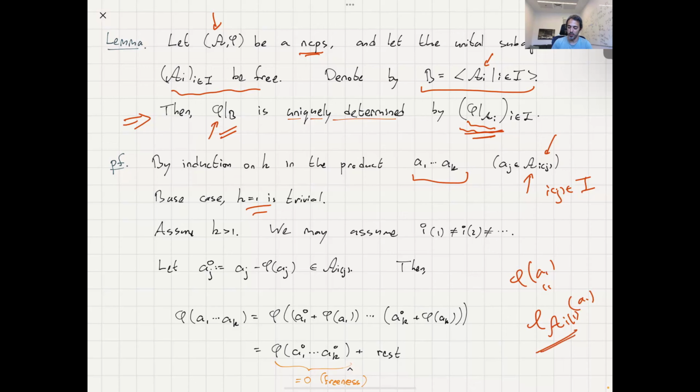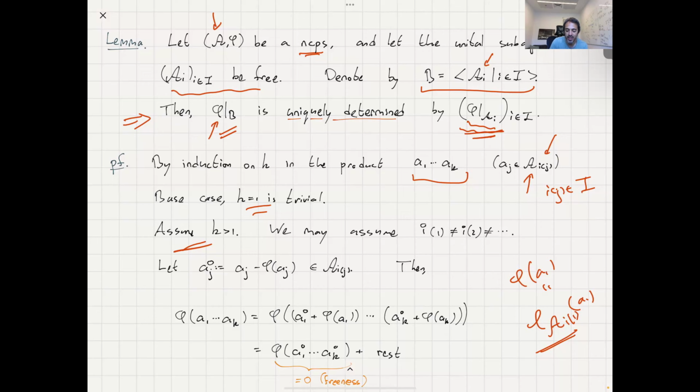So good, we only used the projected phi's to the A_i's in order to figure out a kind of nullified product in a sense. But let's assume k is larger than 1. And we are going to prove things by induction. And we are going to assume, without loss of generality, that consecutive indices are different. Why?